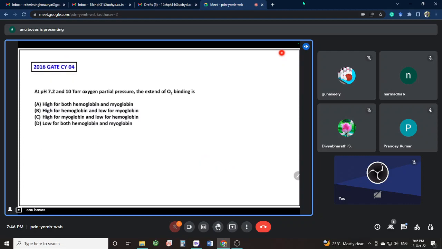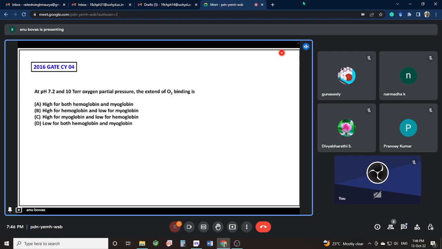Now, one question is: at pH 7.2 and 10 torr oxygen partial pressure, the extent of O2 binding is? So 10 torr oxygen partial pressure is a good partial pressure, right? At high partial pressure, both hemoglobin and myoglobin will have high affinity for binding.